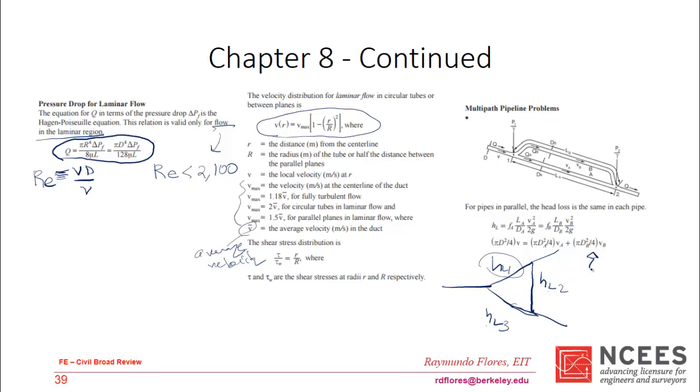Because in general, for each mesh, this is going to be equal to 0, right? It may not be obvious to you, but if you end up with a multiple pipeline problem, then you might actually be asked to do something like this, where you would have to use your knowledge of head loss addition.